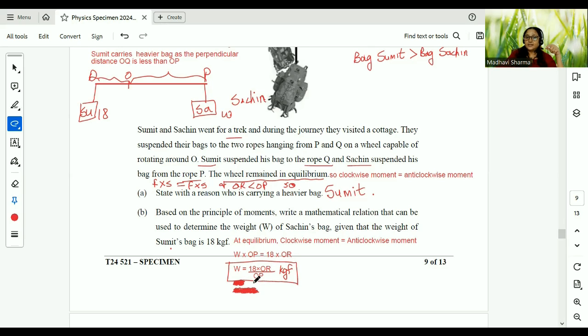Oh, I've written R. Sorry. OQ. Yes. Okay. So W into OP is equal to 18 into OQ. So 18 into OQ upon OP is the weight W, that is Sachin's bag.